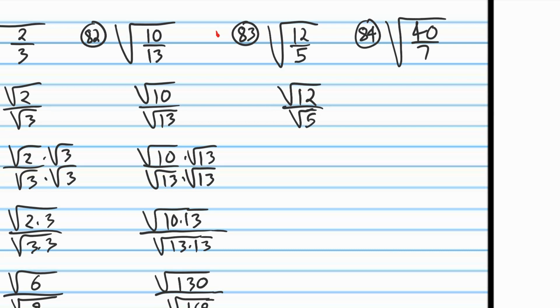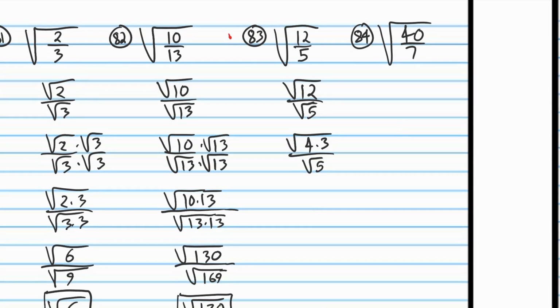Now, you can pull out the perfect square first, or you can rationalize the denominator first. I'm going to pull out the perfect square first because I think that would be easier. So we're going to factor 12 to 4 times 3. And then we're going to use the green equation to separate the root into two roots.